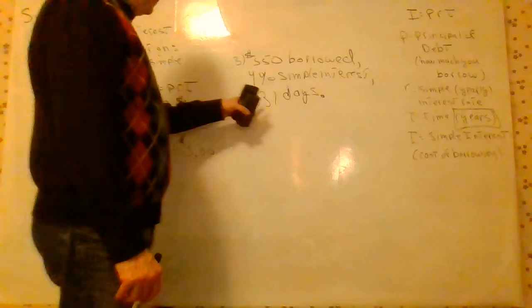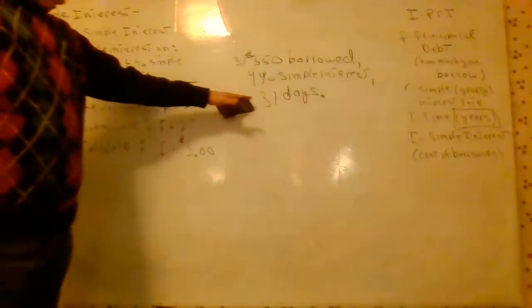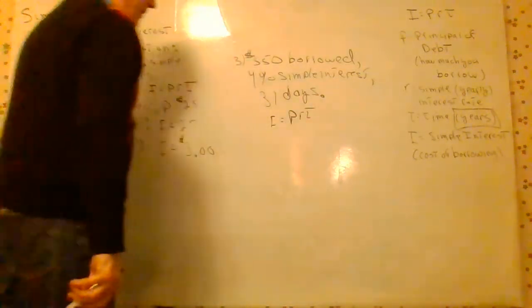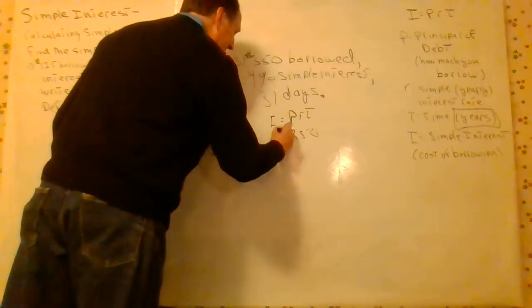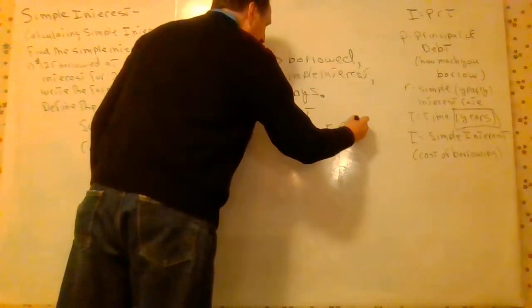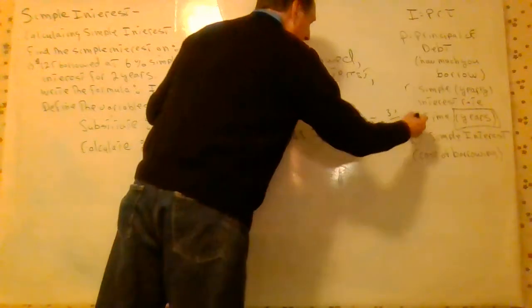So you could approximate this as 1/12 of a year, but a bank is going to be computerized. They'll calculate exact days divided by 365. Well, step 1, write the formula. I equals PRT. Step 2, define the variables. P equals 350. R equals 0.04. And T is equal to 31 divided by 365.